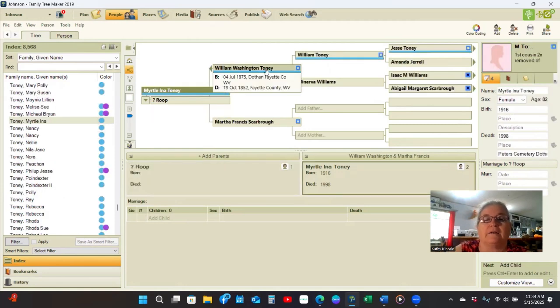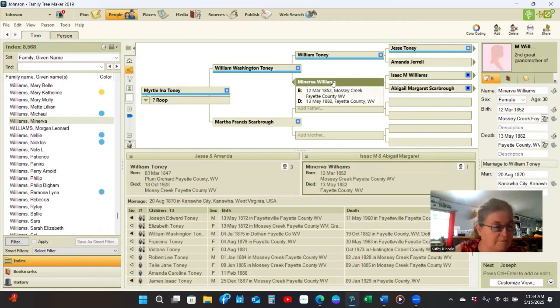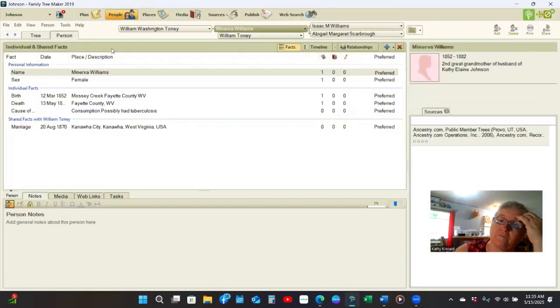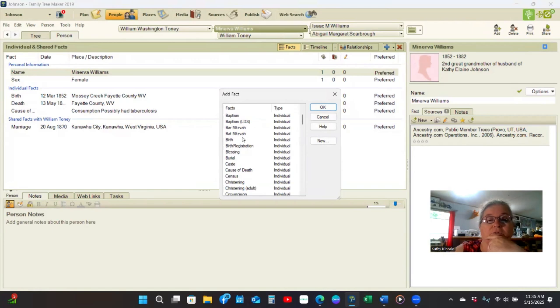So then we're going to go back to Minerva and check her information from what I found online. It says her birth date was 3/13/1850 or 1851, and I have March the 12th, 1852. So what you can do with that is go into the person part of this, go into add a fact, go into death.